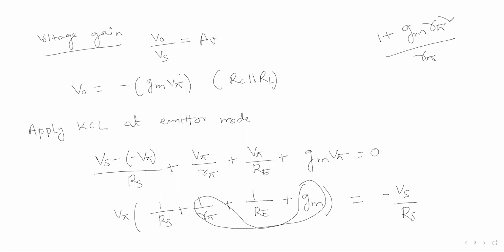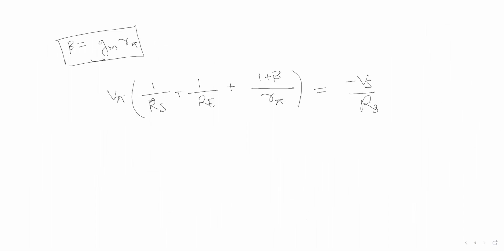Okay, and gm R pi is equal to your beta only. So it would be (1 plus beta) upon R pi, or better, can I write like this? So this term comes from there only. Okay.